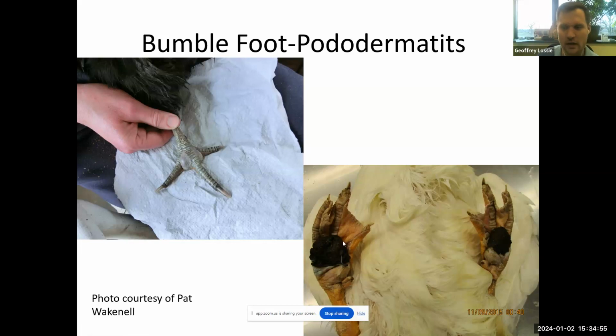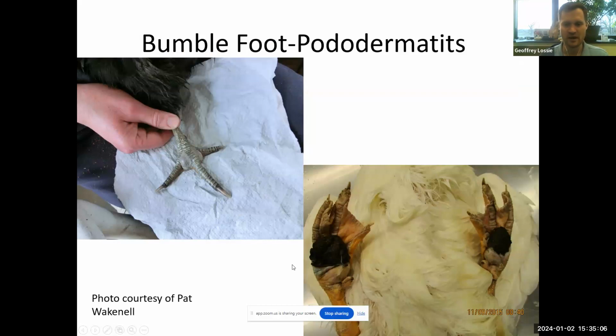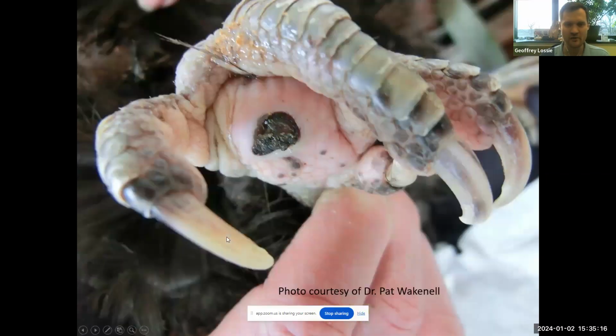Obviously, we're not looking at a chicken here. This is a duck. But again, you see this large, black, fleshy mass. And that, again, is a different manifestation of pododermatitis.